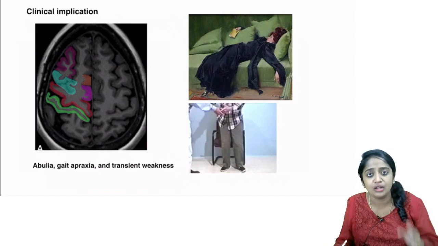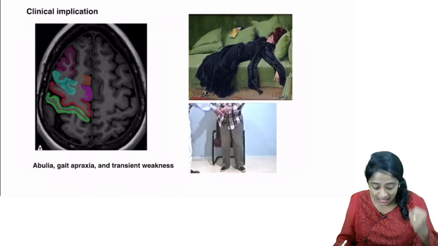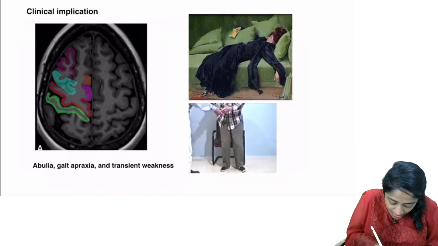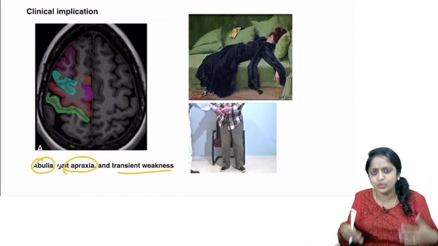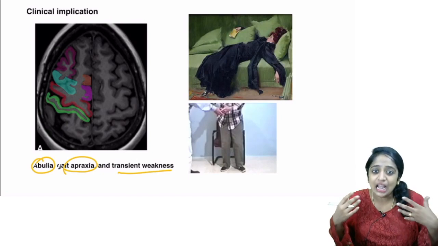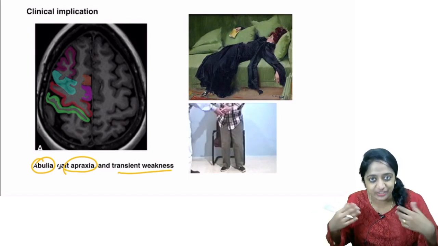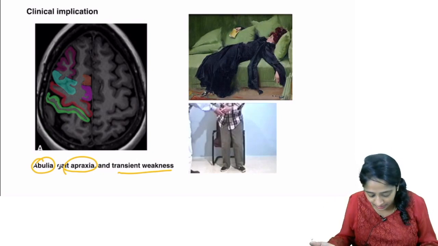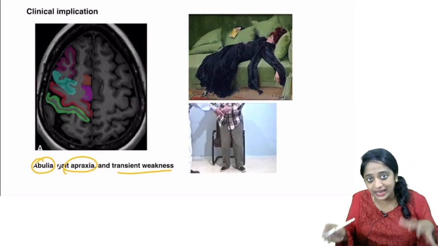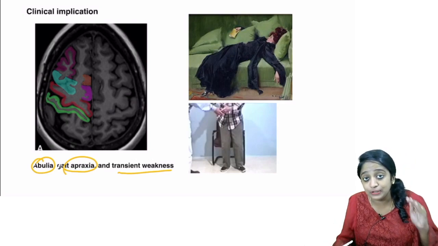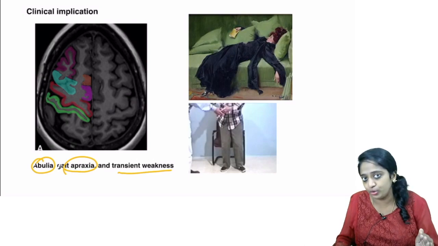So ACA infarcts or a tumor involving SMA will result in classic conditions called abulia or gait apraxia and transient weakness. So what do you mean by abulia? There is a lack of initiating capacity, drive or willingness to do things. Okay. So you get abulia or gait apraxia. All these are features of lesions affecting the supplementary motor area.